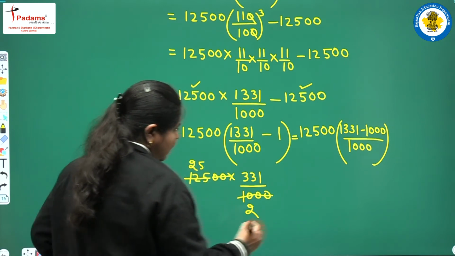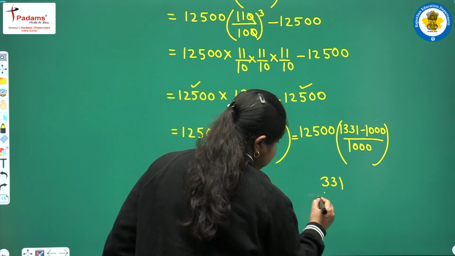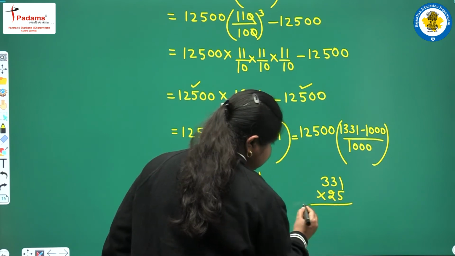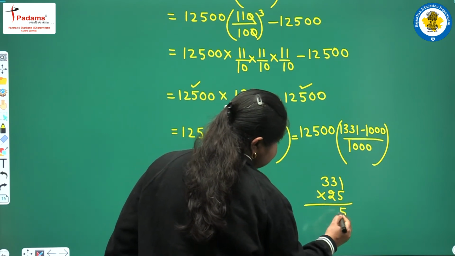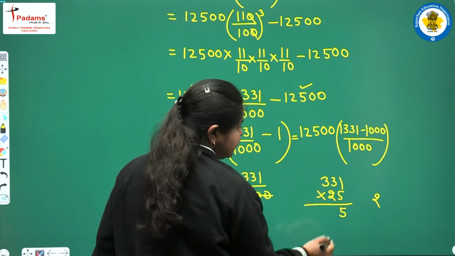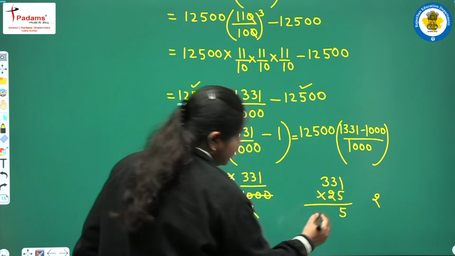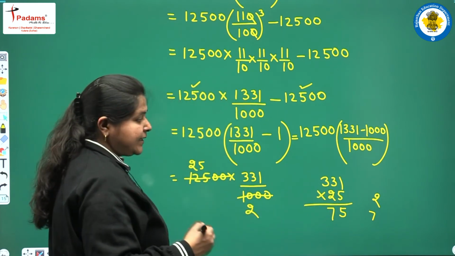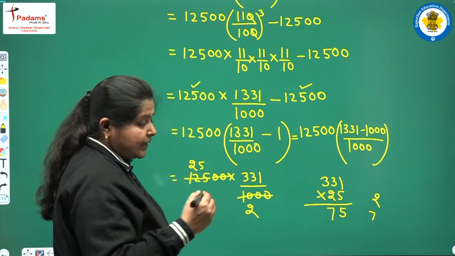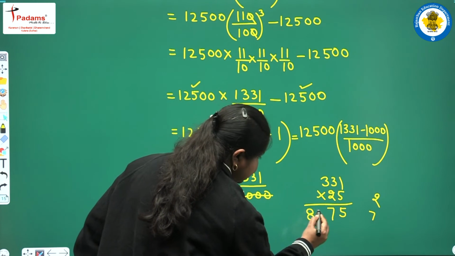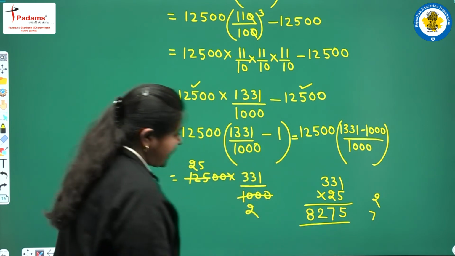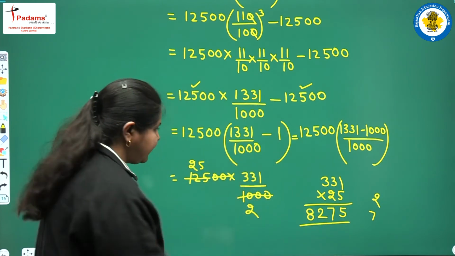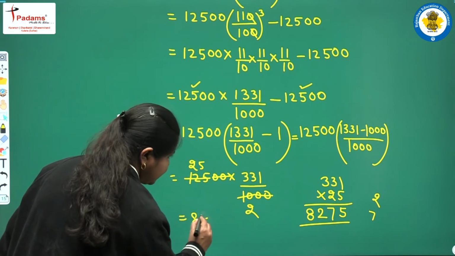So it's now 331 into 25. Multiply करते हैं. 25 1s are 25, 2 carried. 25 3s are 75, then we will have 77, 7 carried. 25 3s are 75 and 7, it will be 82. So this is 8275.